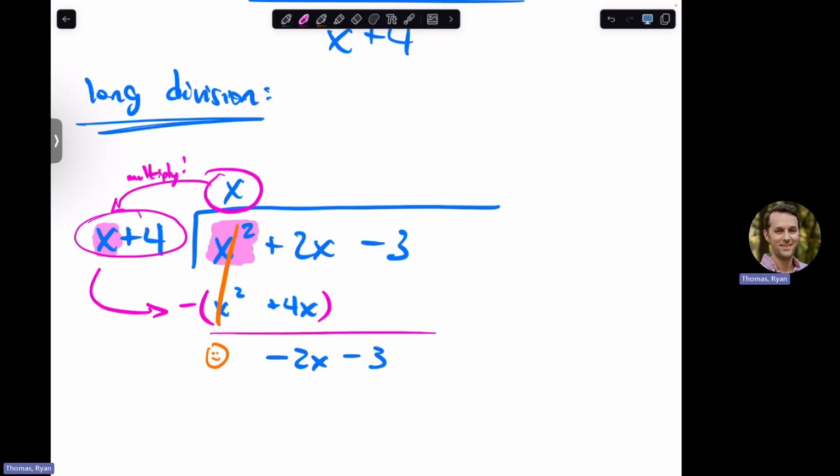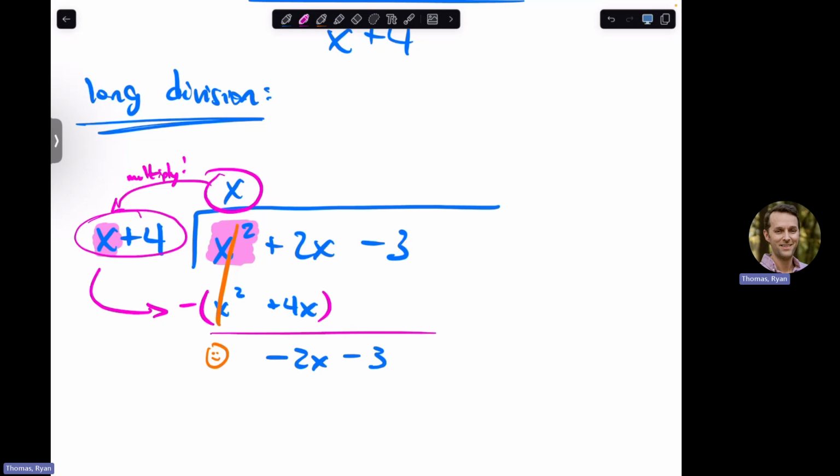Why is x squared plus 4x negative? It's so we're subtracting it to see what's still left over, right? In the same way here, this is the tens place. So I'm not really subtracting 3, I'm subtracting 30 and seeing what's left over, right? So 3 goes into 40 at least 10 times.